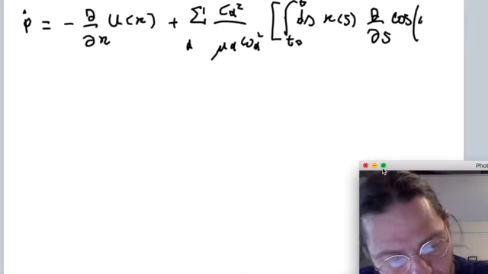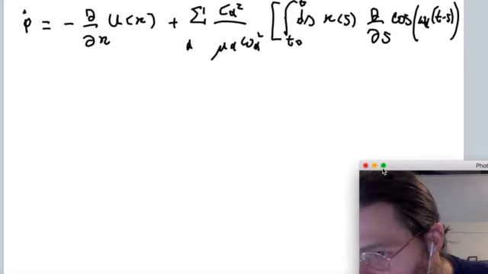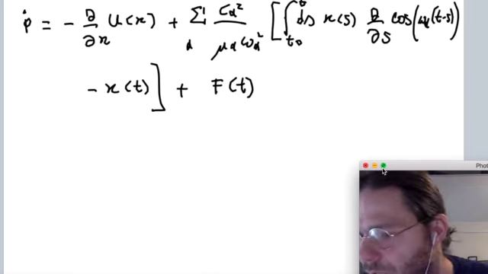Cos omega alpha (t minus s), and then there is a term minus x of t, plus some term f of t that we'll discuss in a minute.